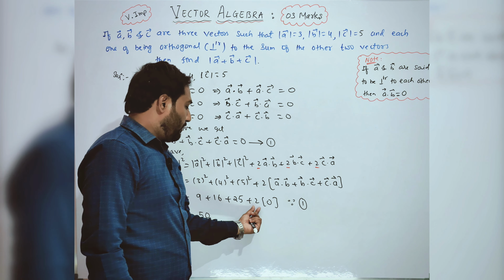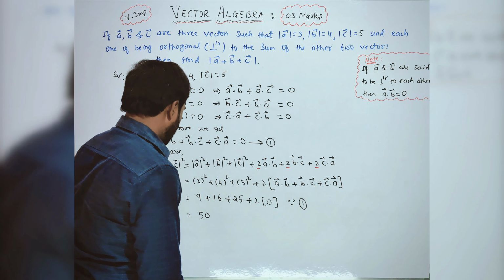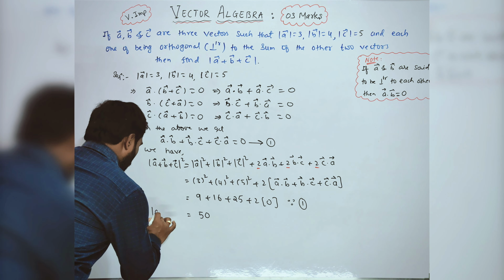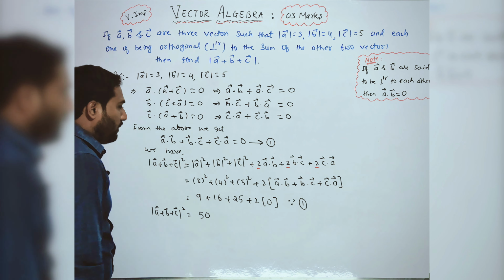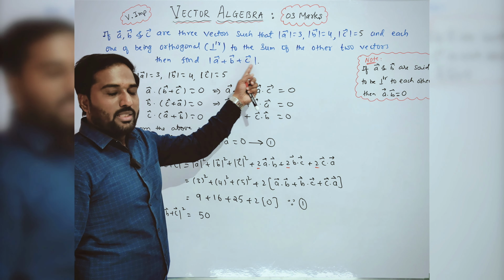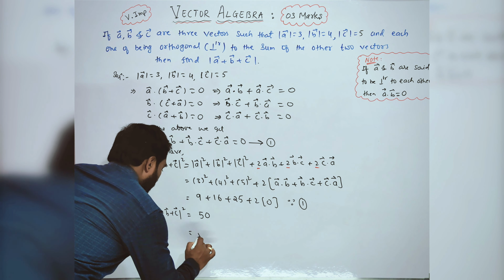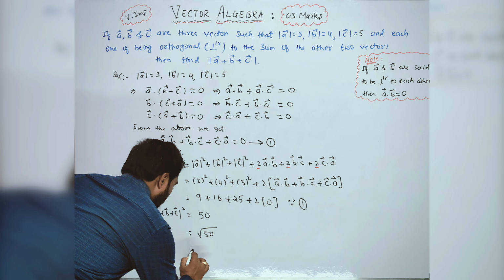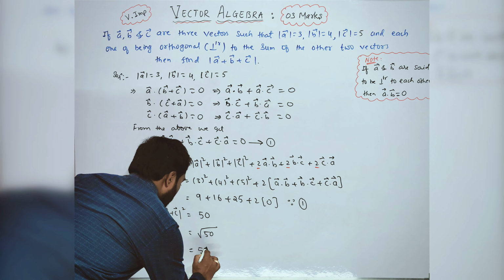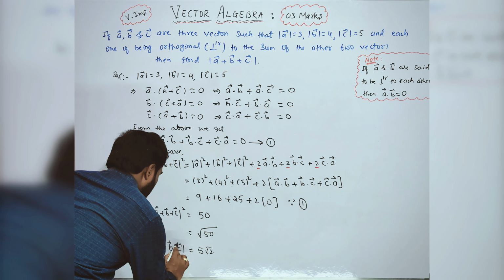I said previously also, 2 into 0 or 0 into anything is 0. So this is (A plus B plus C) whole square. What we need is only the magnitude of A plus B plus C. Just apply the root on the RHS. This will be root 50. Root 50 I can write as 5 root 2. This is the magnitude of A plus B plus C.